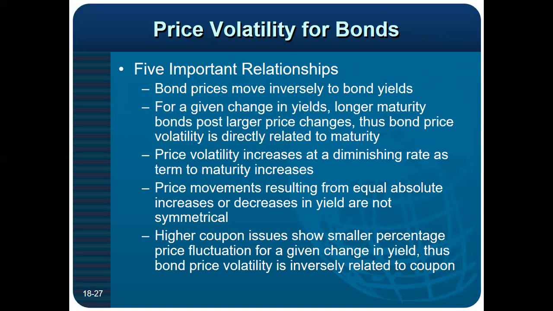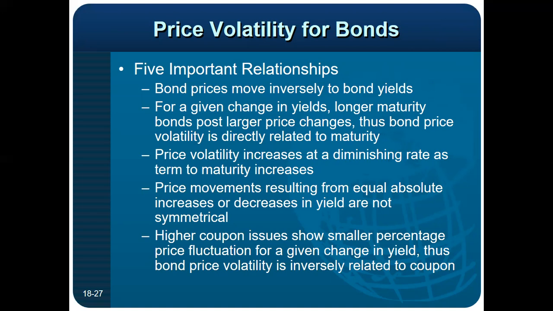If the bond yield decreases, the bond price will increase. So they move inversely. For a given change in yields, longer maturity bonds post larger price changes. Thus, bond price volatility is directly related to maturity. So maturity also affects the price of the bond.